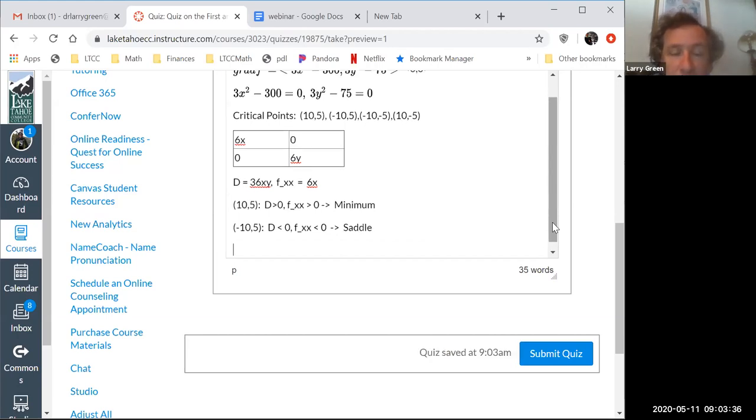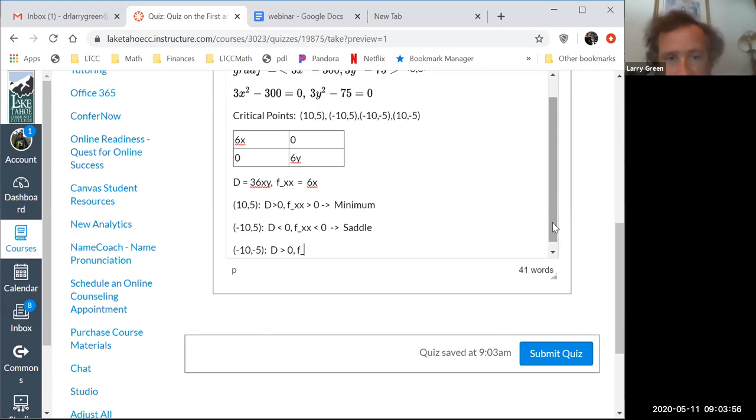Okay, then we have negative 10, negative 5. If you plug in negative 10 and negative 5, then we have 36 times negative 10 times negative 5, and that's greater than 0.